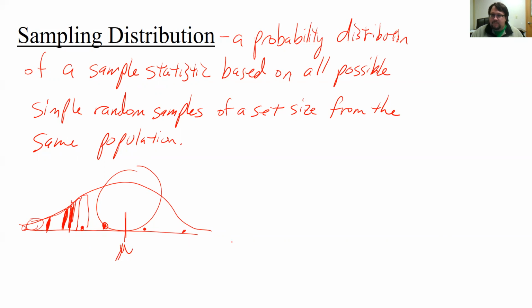But when I do my sample, like let's say I did a random sample, and how it worked out is I got a person here, a person here, a person here, and a person there, and a person there, and a person there. Well, if I calculate the mean of those values, it would not be on mu. Look at it.